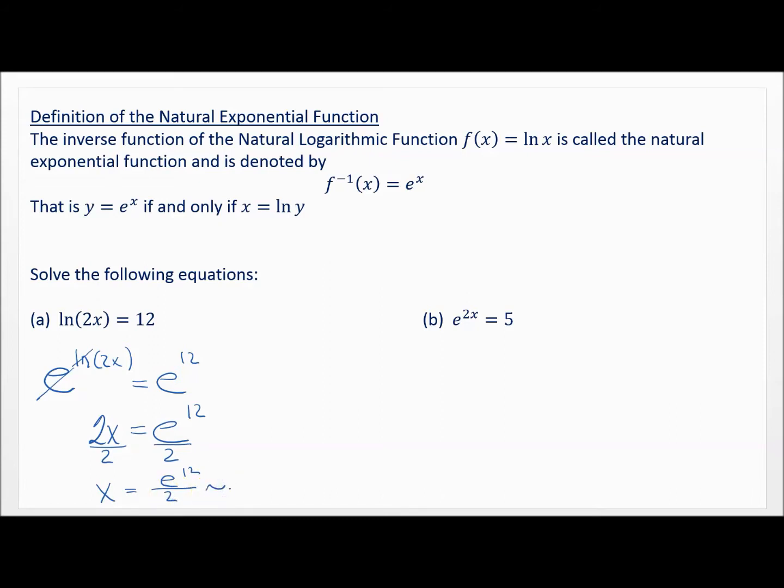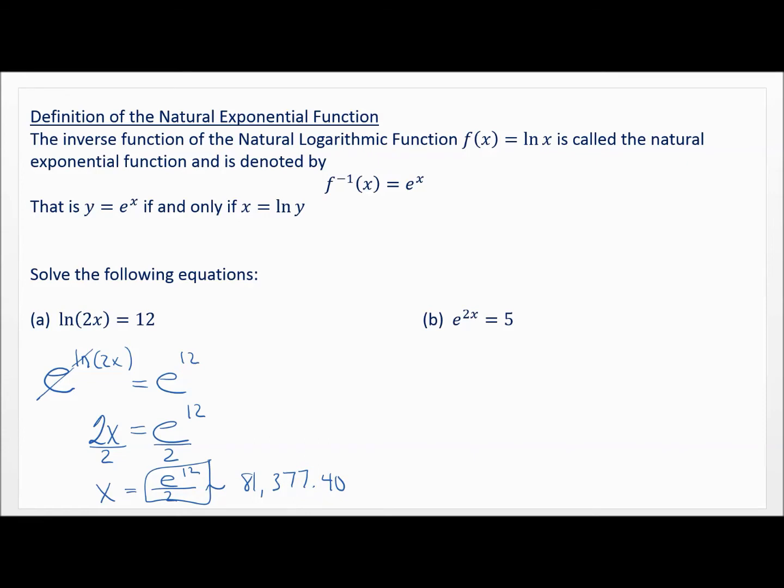It would help to have an approximation there, so I'm going to type that in my calculator. Get 81,377.40, rounding to 2 places. So a large number. This value to me is more telling, but if you were doing a word problem and that was your result, you want to know how big that actually is.